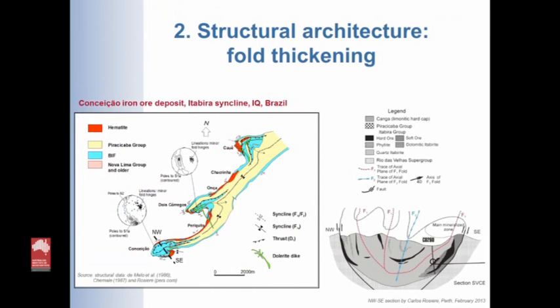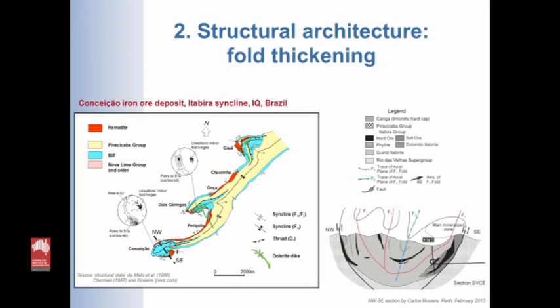Okay, second critical element is structure. In this case here, we can break it down into two types. One is that it's a lot better to work with a folded BIF than it is with a BIF of its primary thickness. And in this left-hand side part of the slide, you can basically see the primary thickness of a BIF in the Iron Quadrangle in Brazil, and then its folded versions in the fold hinges.